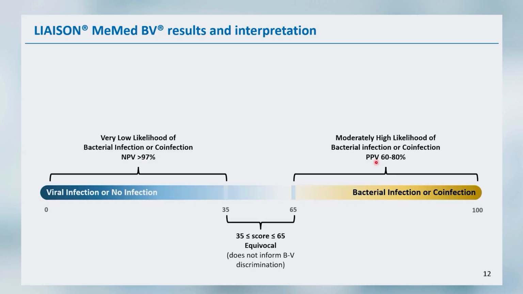The positive predictive value isn't quite as high, 60 to 80%, because certain viral infections, particularly COVID-19, or patients who are seriously ill, for example, those requiring intensive care and mechanical ventilation, often will have a high score because that effect on the body's physiology is very strong and causes immune dysregulation, leading to a high score.